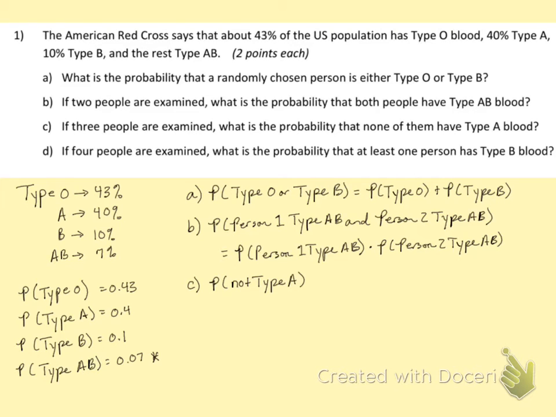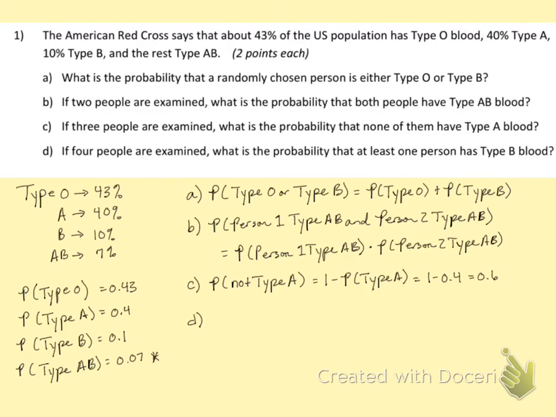So not type A is the complement of type A. So we can say that this is the same as 1 minus the probability that a person is type A. So notice that the probability that somebody is type A is 0.4. So the probability that somebody is not type A should be 0.6. And then take into consideration that you have 3 people, and go ahead and finish this problem.